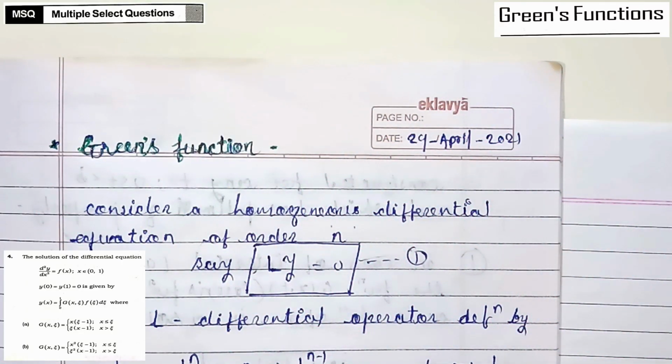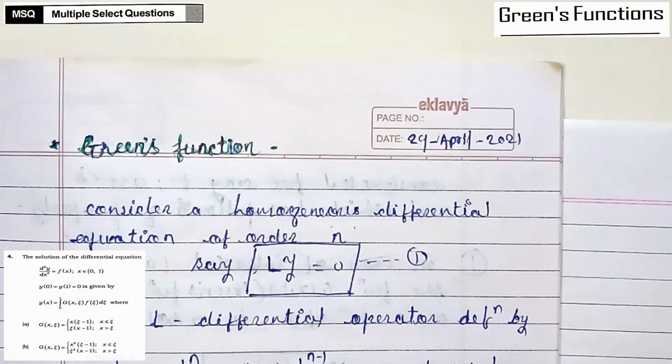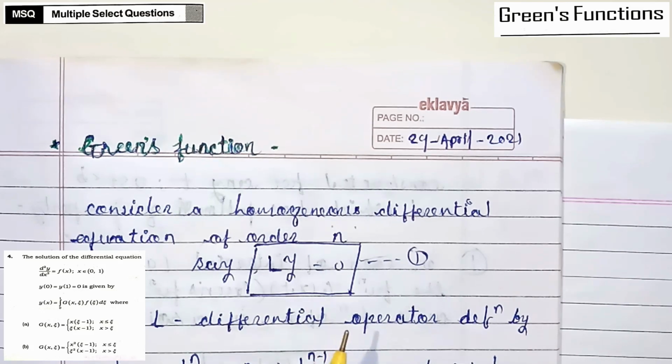Green's function means we have a homogeneous differential equation in the form Ly = 0. Because the right side is 0, we call it a homogeneous differential equation of order n.